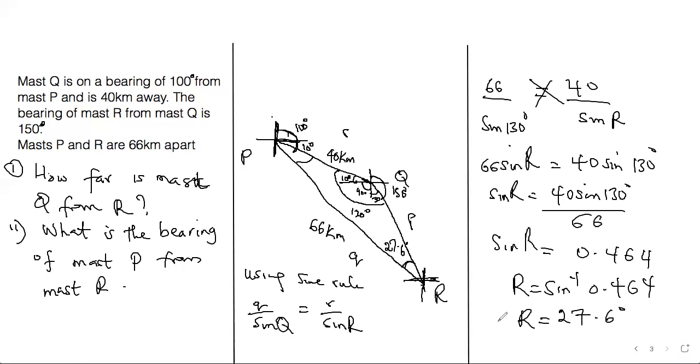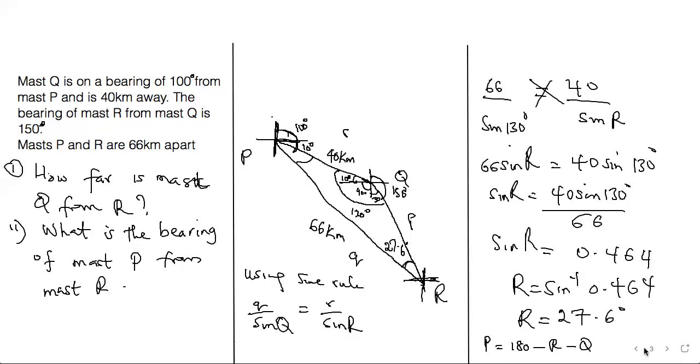So that angle there, angle P, must be equal to 180 minus angle R minus angle Q. Okay, so I need to go to the next page. So angle P will be equal to 180 minus R, 27.6, and 130.